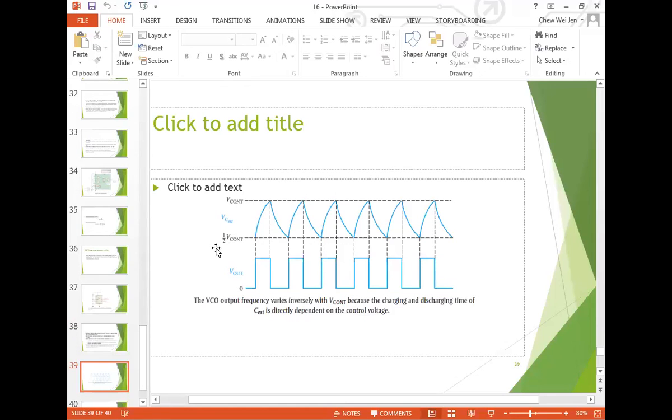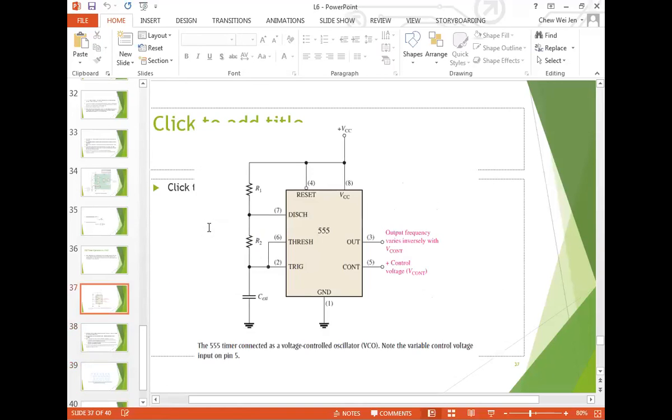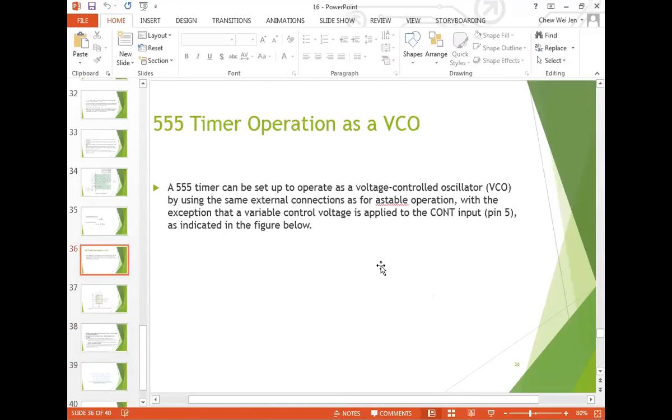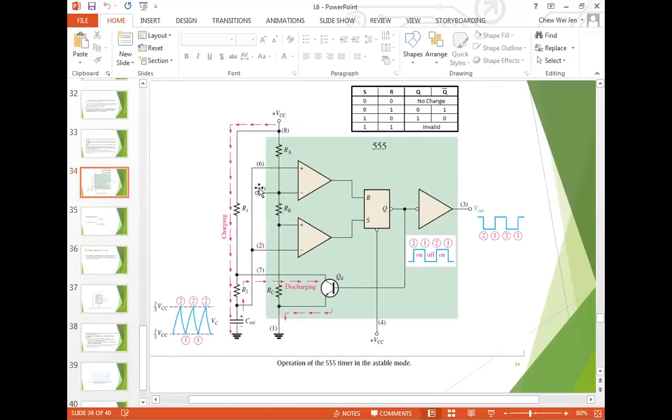Now why is it that when I put in a control voltage, you end up with V control and half V control? Why is it half V control? The only difference is that I put in a control voltage here, at pin 5.